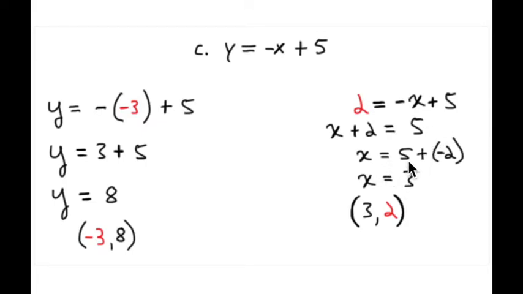And x is equal to 5 plus a -2, because I'm going to move this 2 over to the right side. So I'm going to add a -2, that's the additive inverse, to the right side. So now you have 5 plus -2, well, 5 plus -2 equals 3. So x equals 3. So when y is 2, x equals 3.